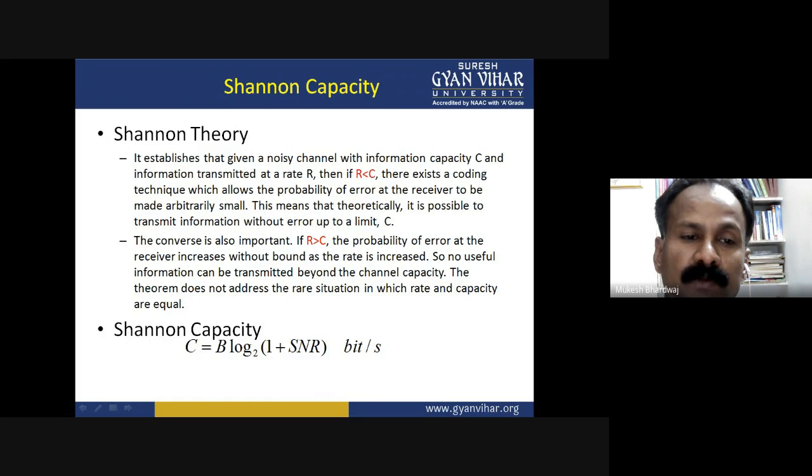So, no useful information can be transmitted beyond the channel capacity. The theorem does not address the rare situation in which rate and capacity are equal. So, Shannon channel capacity C equals B log base 2 of (1 plus signal to noise ratio) bits per second.